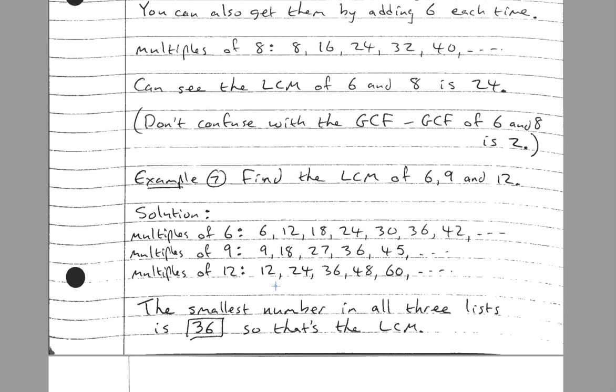So 12 is a multiple of 6, but not a multiple of 9. So 12 is no good. 24, I see that here, but not here. 36, so 36. That's the first number that's in all three.